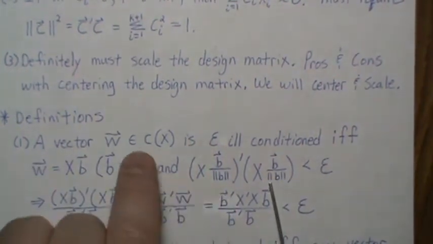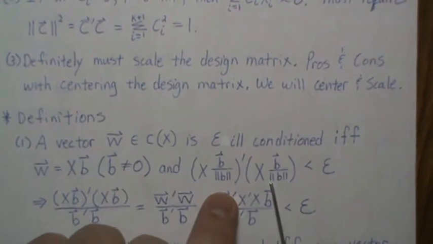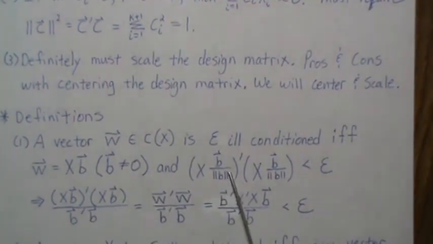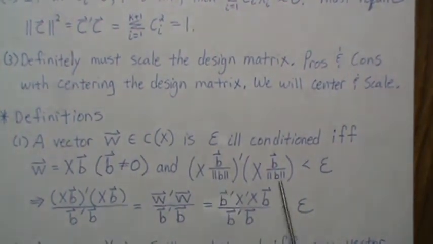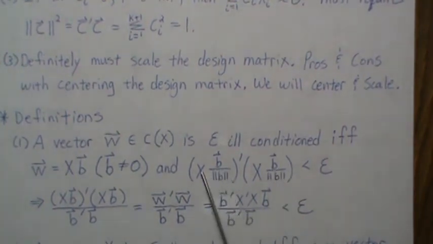So then W is called ill-conditioned, right? So here b is scaled to 1, and this is scaled to 1, and so Xb is less than epsilon.